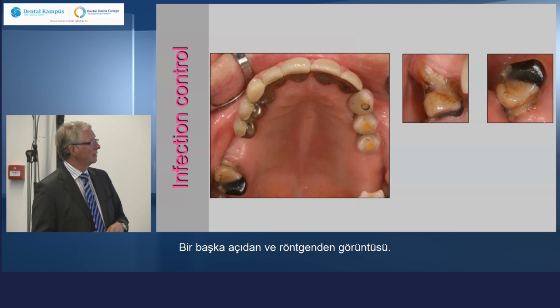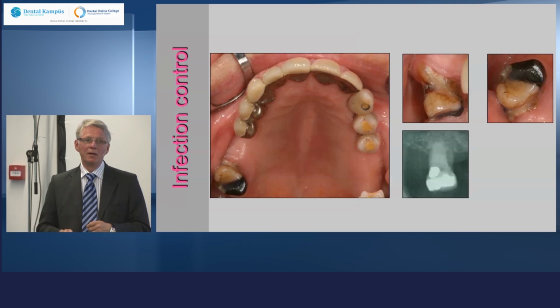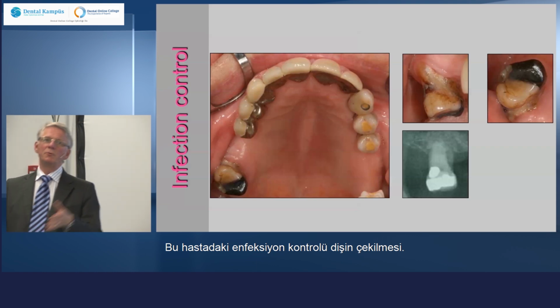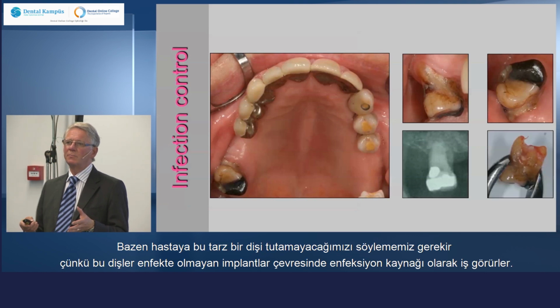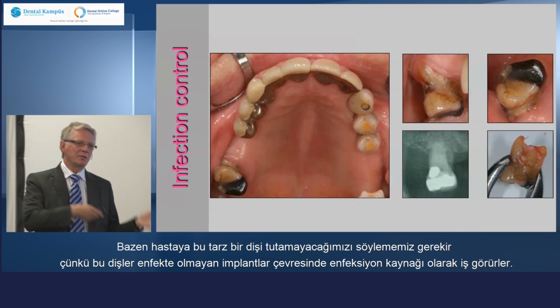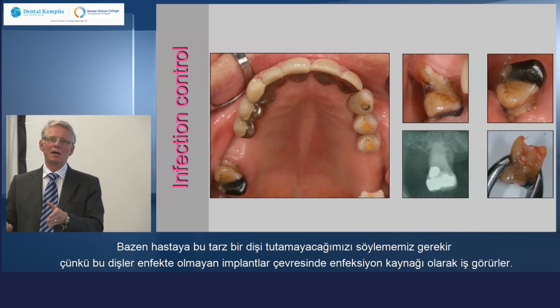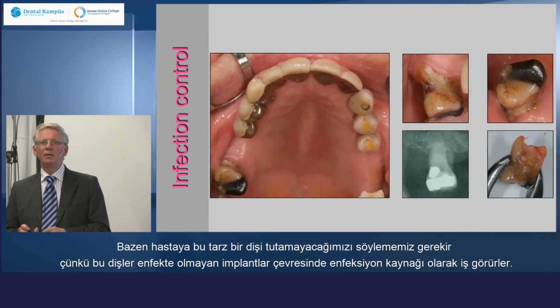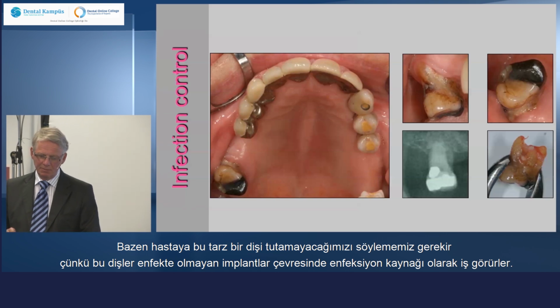From another angle, from a radiograph. Infection control in this patient is this: we remove it. Sometimes we have to tell the patient we cannot keep these types of teeth because they are really just a source of infection around the non-infected implants.